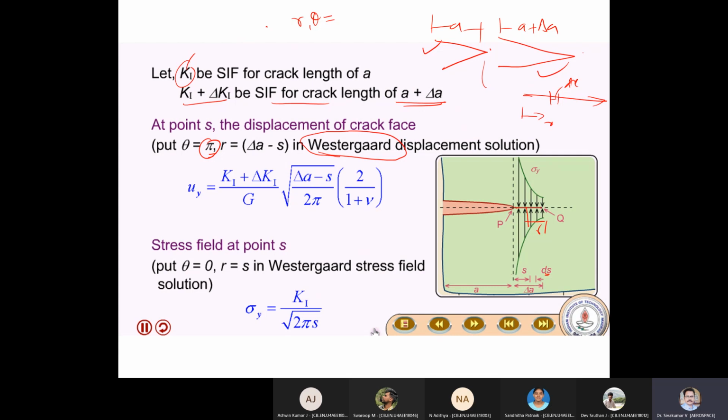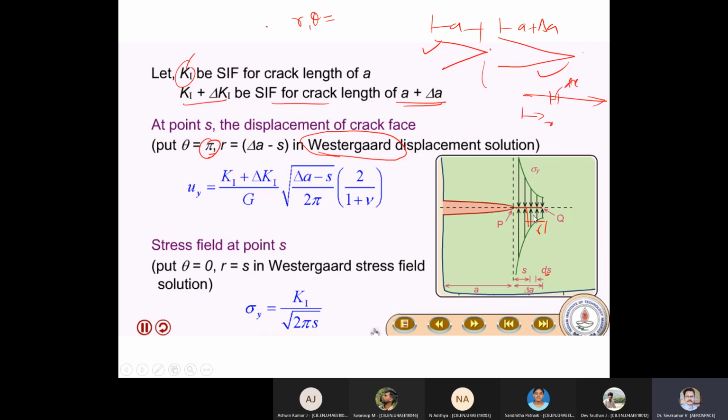So here the locations are all identified, P and Q, and in that location I am finding my displacement Uy.